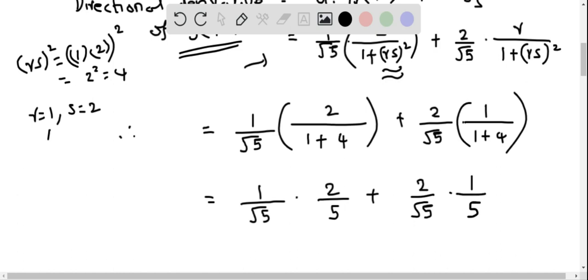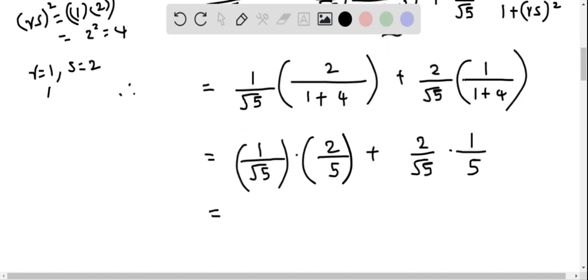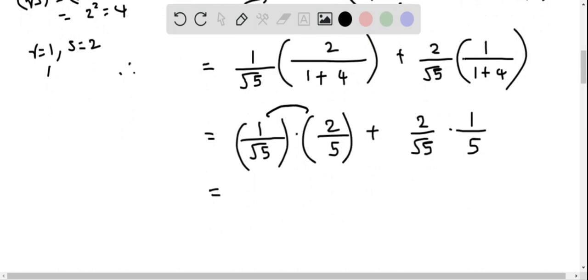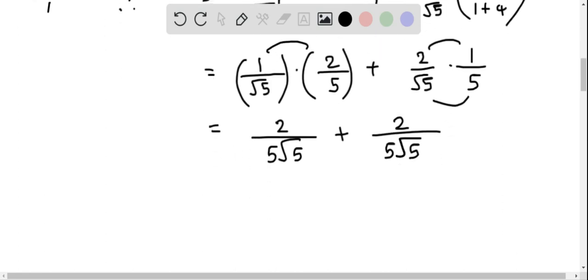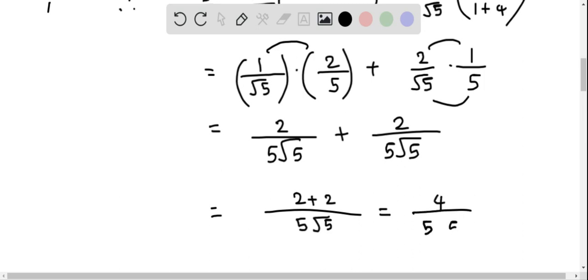The product of 1 over root 5 times 2 over 5 is 2 over 5 root 5, and similarly the second term is 2 over 5 root 5. With the common denominator 5 root 5, we get 2 plus 2, which equals 4 over 5 root 5.